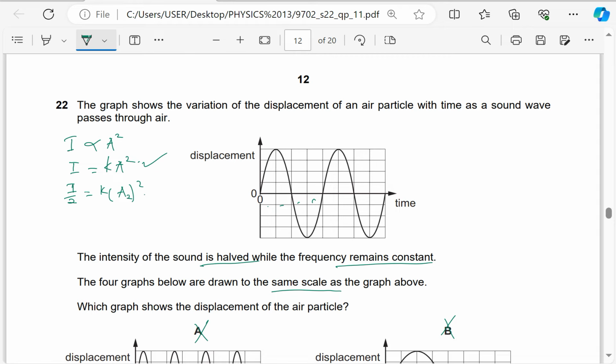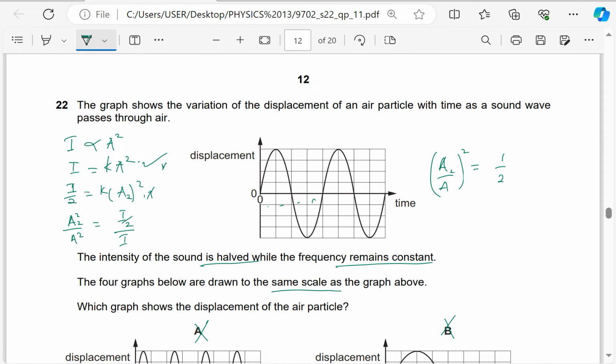I'm dividing this equation by the first equation. So I have a2 squared divided by a squared should be equal to I over 2 divided by I, and I cancels. So I have that a2 over a, squared, should be equal to 1 over 2.